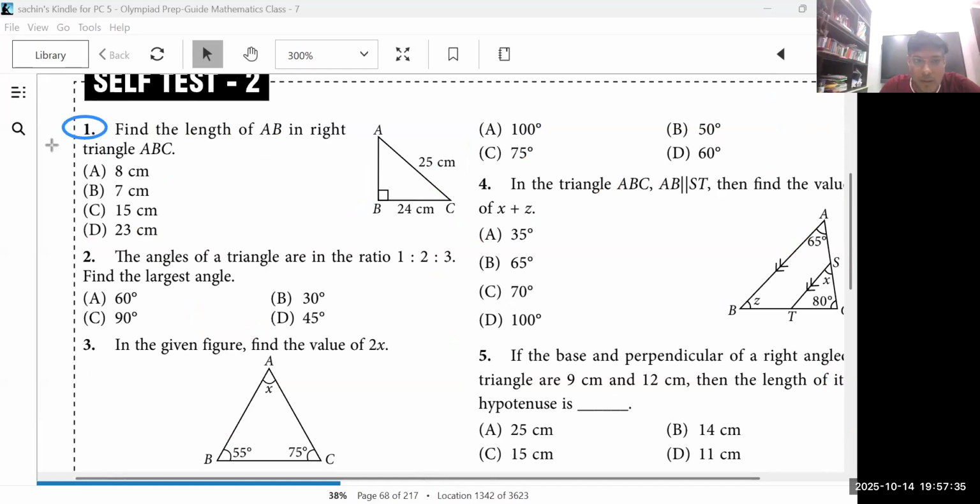Question number 1. Question number 2. And question number 3.